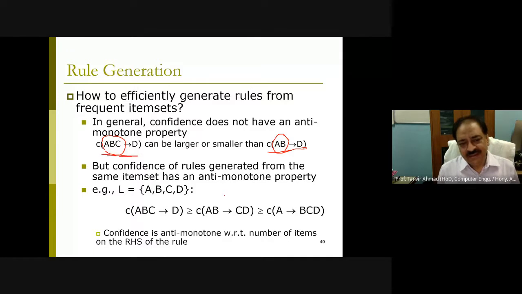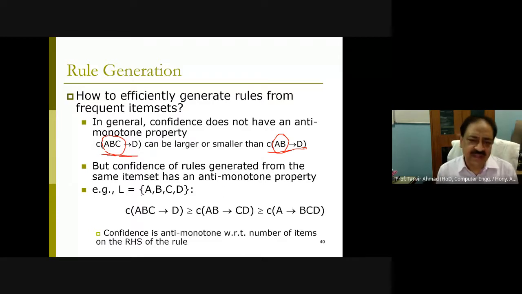But you have to know this also: the confidence of rules generated from the same item set has an anti-monotone property. That means the rules which you generate with confidence from one item set will always have an anti-monotone property.